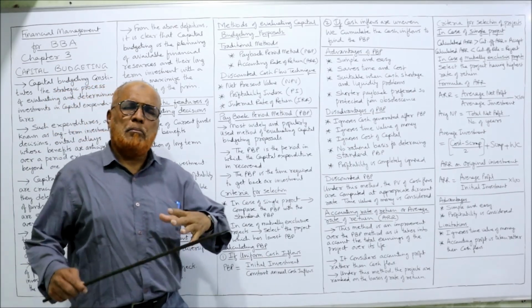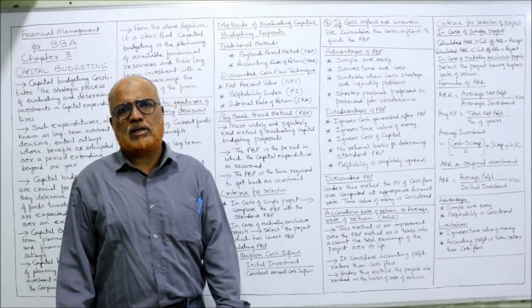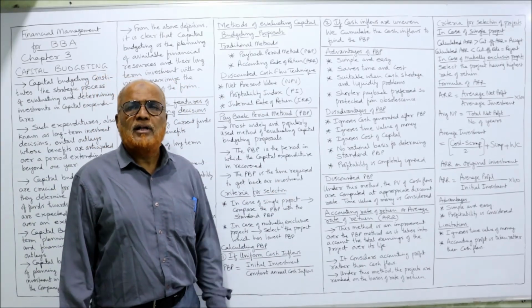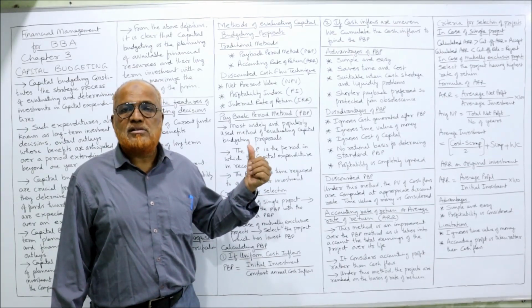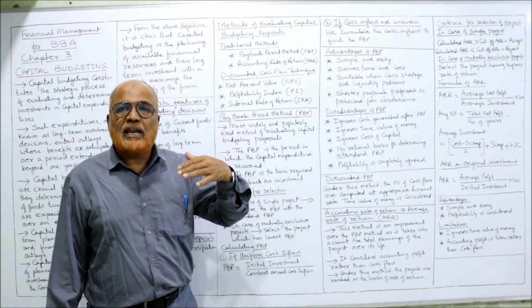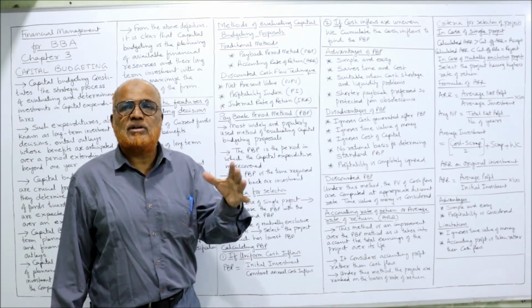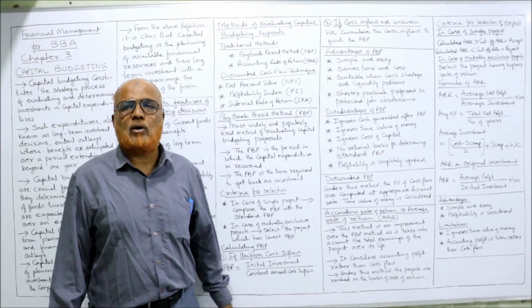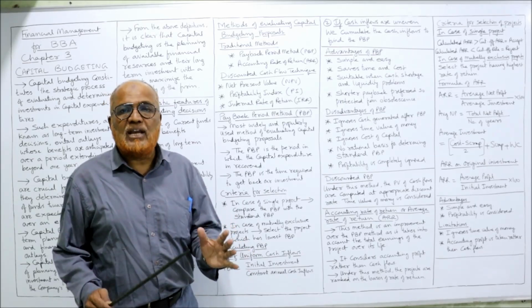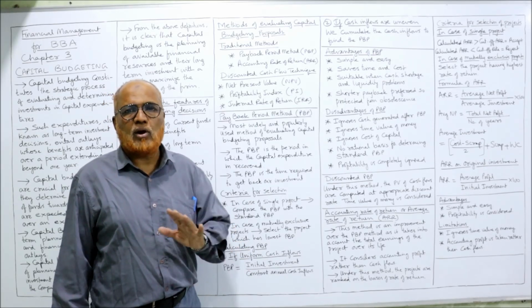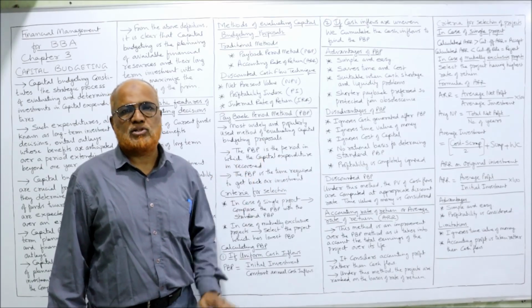But in reality, many other methods are also there. And remember, these are only the analytical method. But apart from this, a number of other non-financial considerations must also be taken into account while taking a decision. But we are concerned only with financial considerations. We are not concerned with non-financial consideration.